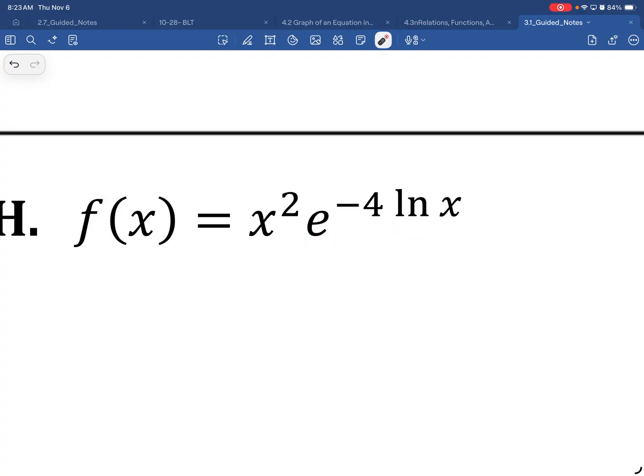And then, once I don't have the e and I don't have the ln, this -4 is going to be right here, could I multiply those two things together because the e and the ln are all gone? And then I just have a power rule problem.